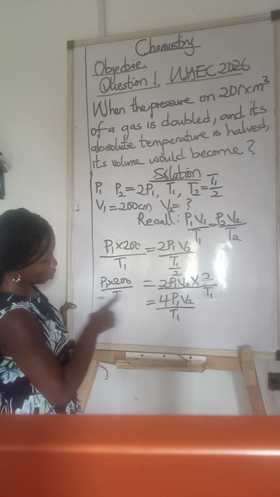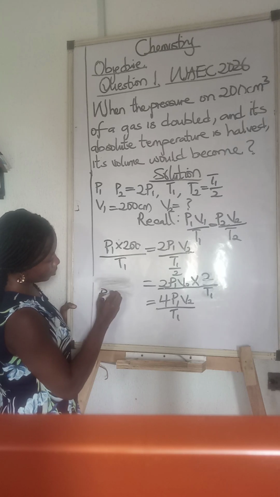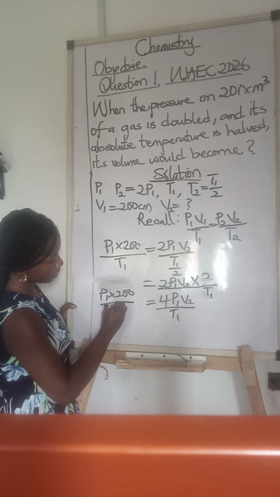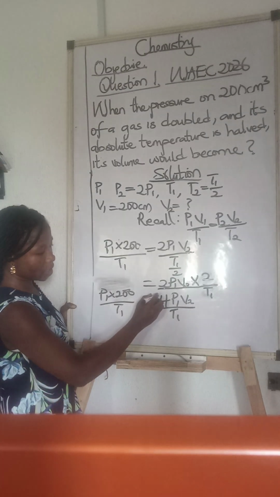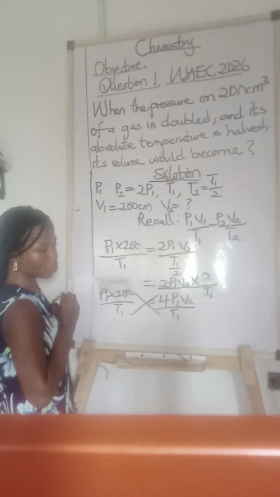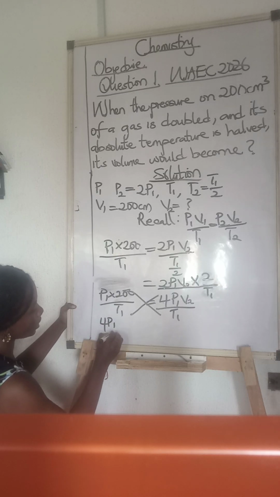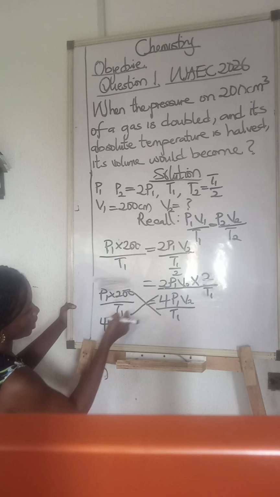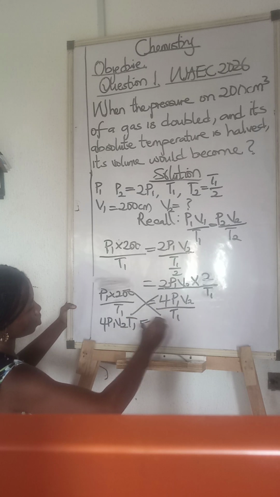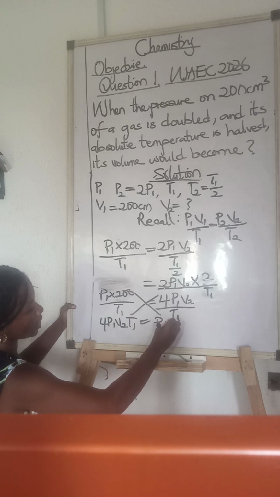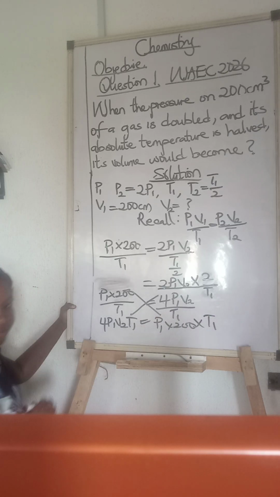Let's rewrite it. So this will give me P1 times 200 over T1. We are making V2 the subject of the formula. Here we'll cross multiply. If you know how to cross multiply, this is going to give me 4P1 V2 times T1 equals P1 times 200 times T1.